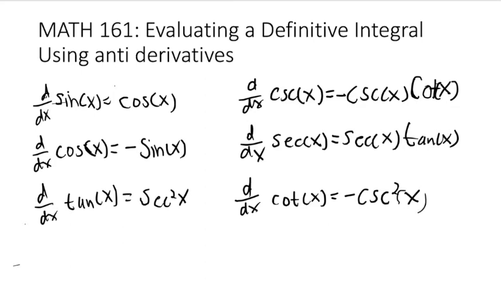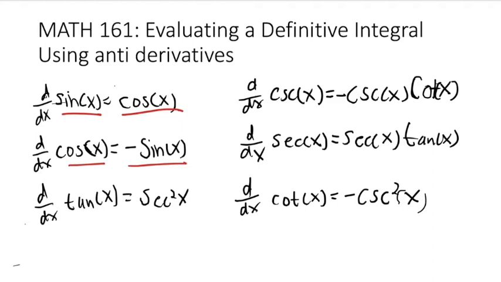So what this means, now that we know the derivatives, is that the antiderivative of cosine x is sine x. The antiderivative of negative sine x is cosine x, which would mean that the antiderivative of positive sine x is negative cosine x. Again, it's just the backwards derivatives.